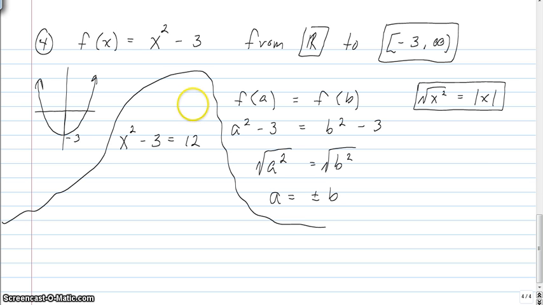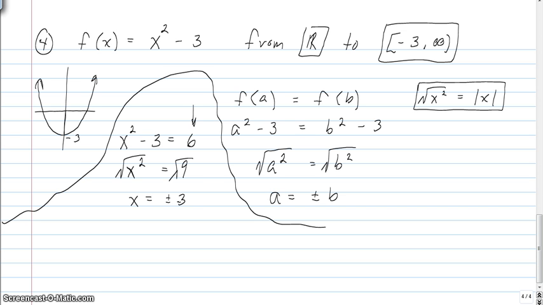Now it looks like I kind of just randomly selected a y value. And I kind of did, but what happens if I solve this for x? I'm sorry, that isn't the y value that I want. I actually want to pick 6, not 12. So that if I solve this for x, add 3 to both sides, and now I take the square root, I get plus or minus 3.